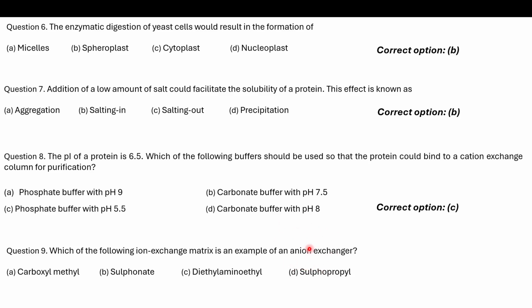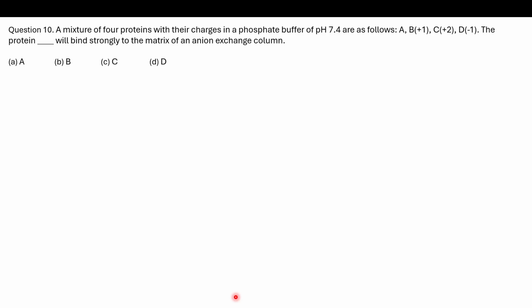For tRNA purification and isolation, diethylaminoethyl (DEAE) matrix is used to separate out nucleic acids. It is positively charged so that negatively charged substances can bind to the matrix.